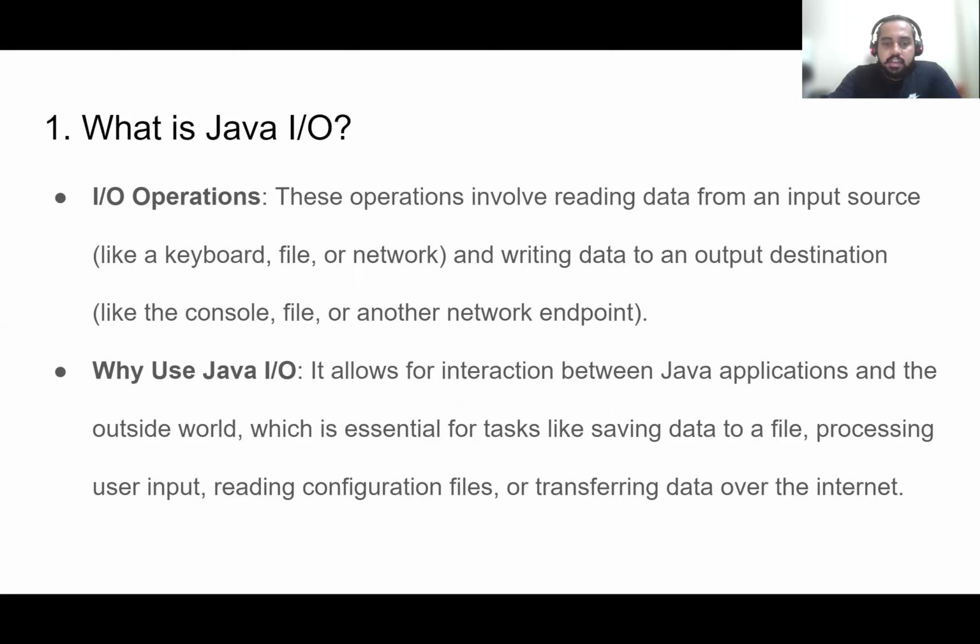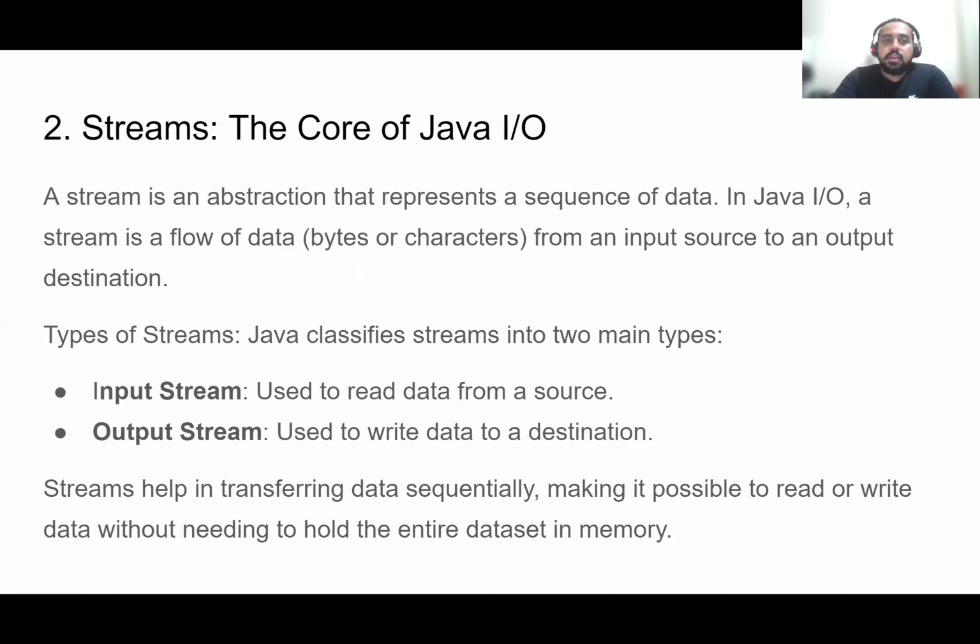With the help of Java, we can read all these configuration files and transfer data over the internet. This is one of the most important points here, because using a Java application, we can connect to the internet, transfer our data to it, or receive user input from it, only because of these Java IO packages.